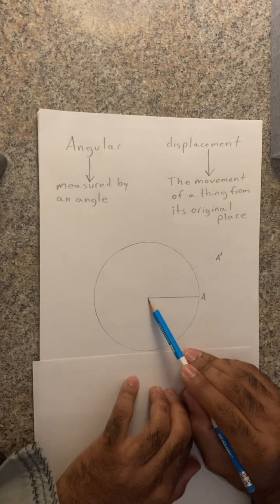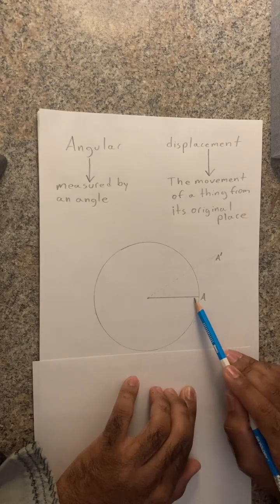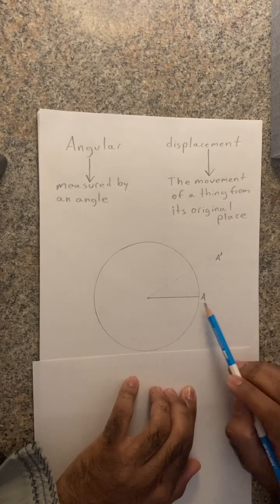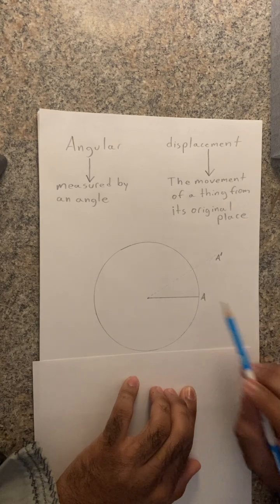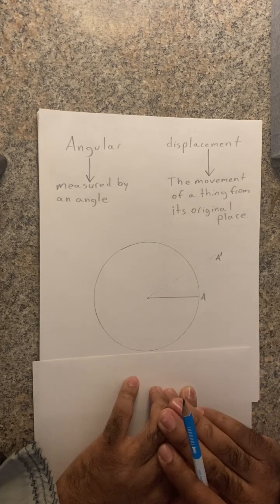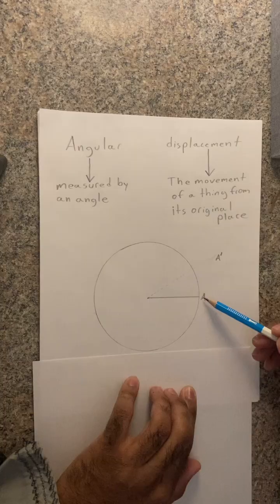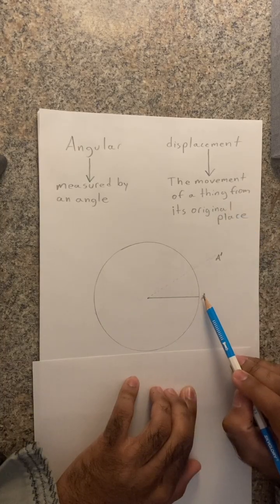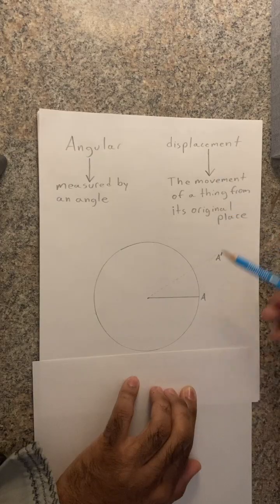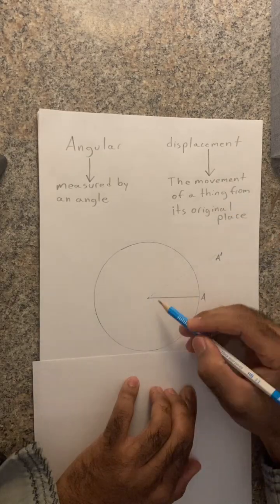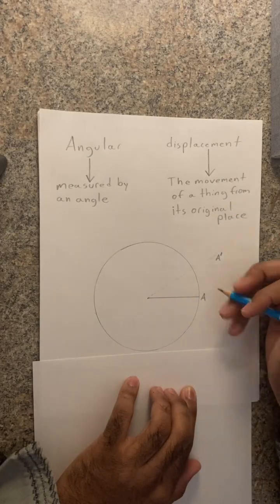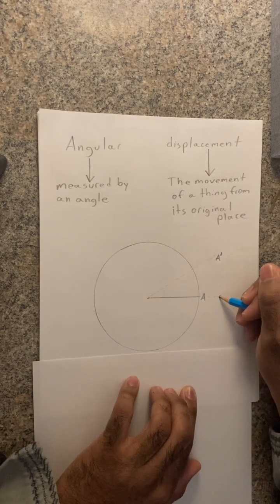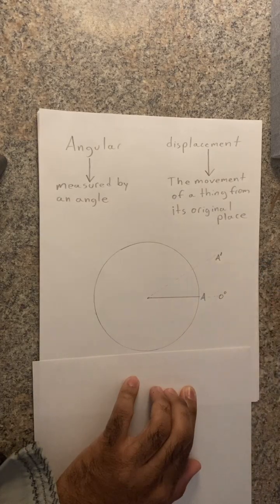In this situation, the thing is going to be this line, which we have denoted to be line A. And that is the movement of line A from its original place. The original place of line A is going to be at this position. We will consider this position to be 0 degrees.